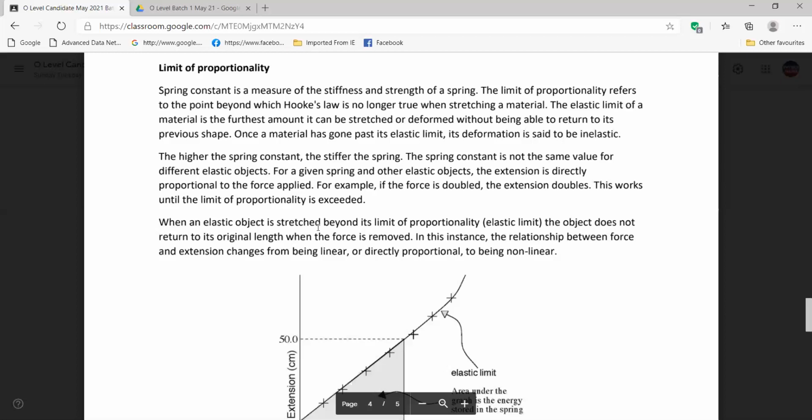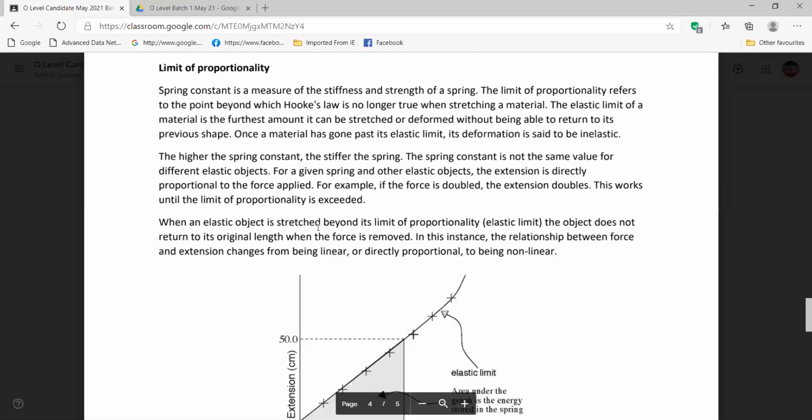So spring constant depends exclusively on each of the material, each of the instruments or springs, separately, individually.